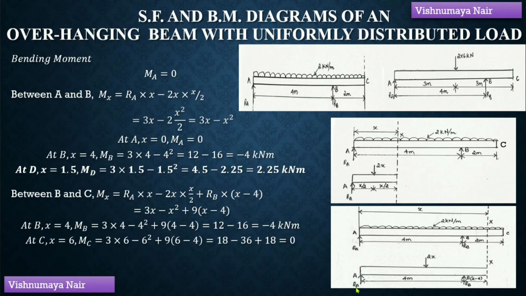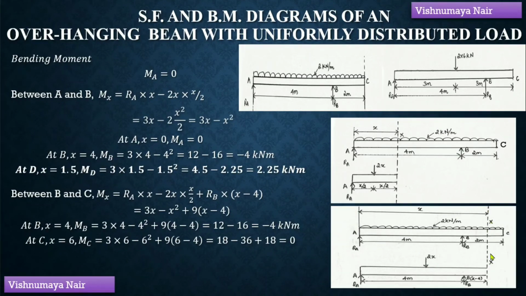Any moment in the clockwise direction on the left portion of the section will be considered as positive, and any moment in the anti-clockwise direction will be considered as negative. Therefore, the moment at this section due to these reaction forces Ra and Rb will be positive, whereas the moment due to this point load will be negative.